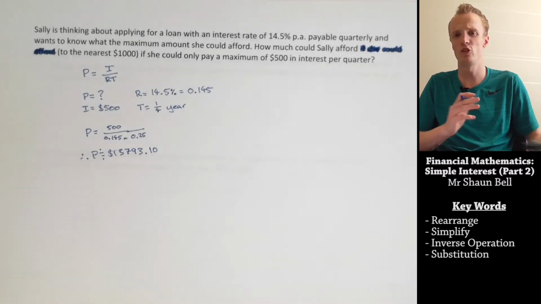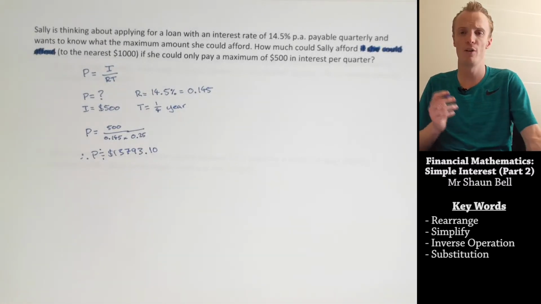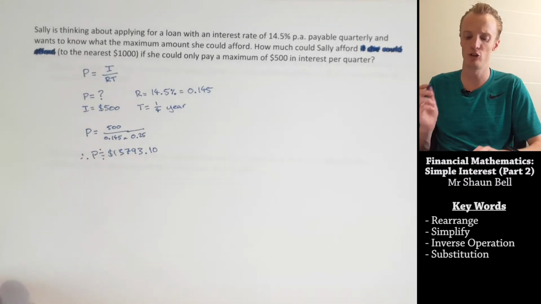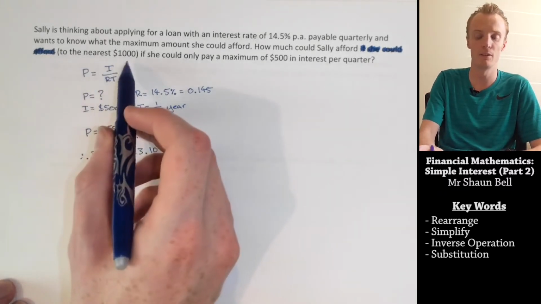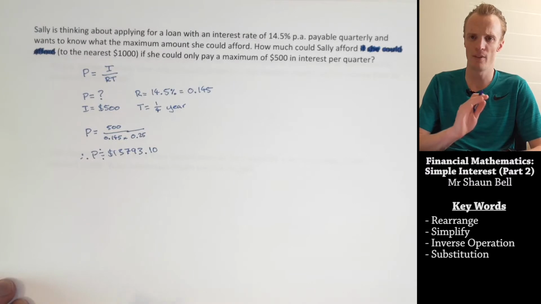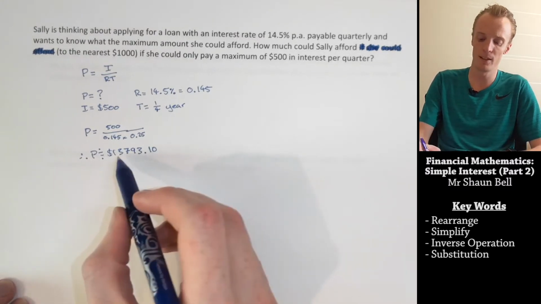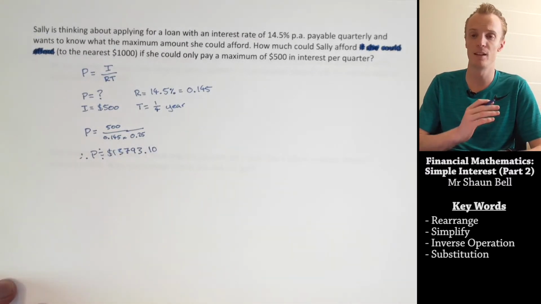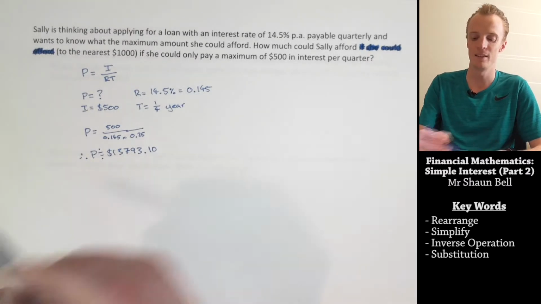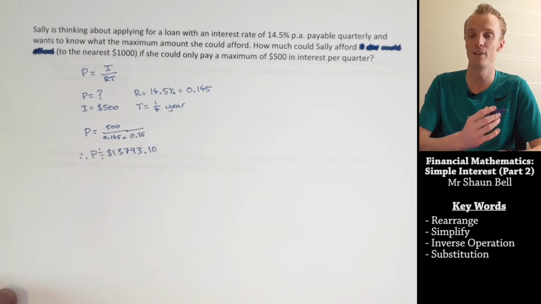However, in our question here, we wanted to know the maximum amount that she could afford to the nearest $1,000. Now we have to be careful here, because if we simply rounded this value to the nearest $1,000, this 7 would mean that we would have to round the value to $14,000.